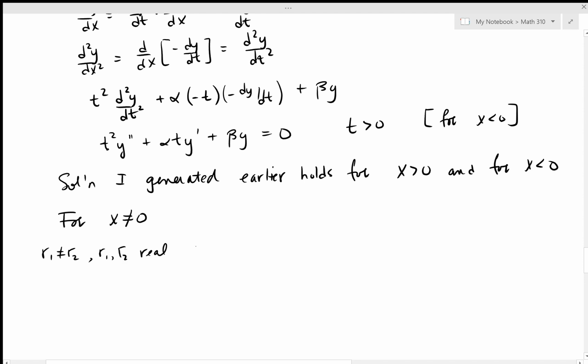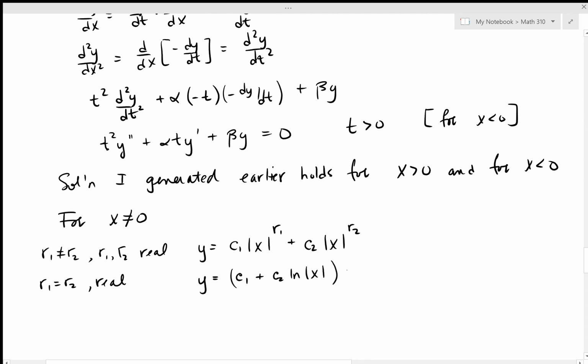We have the solution y is equal to C1 absolute value of x to the R1 plus C2 absolute value of x to the R2. Okay, and then we have R1 equal to R2 real. We have that the solution to the Euler equation is C1 plus C2 log absolute value of x, times absolute value of x to the R1.